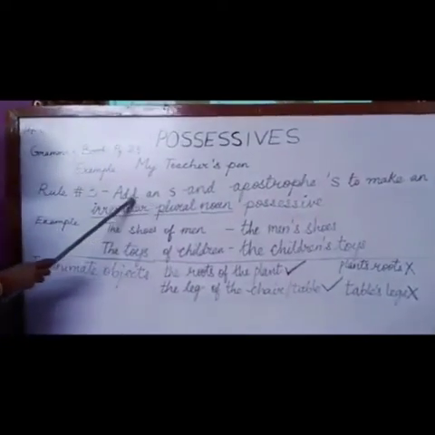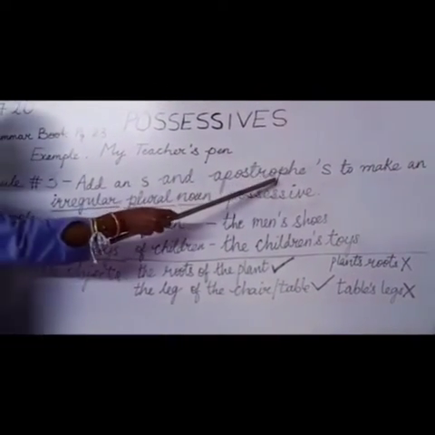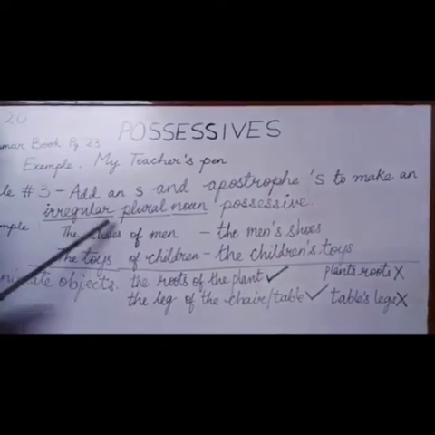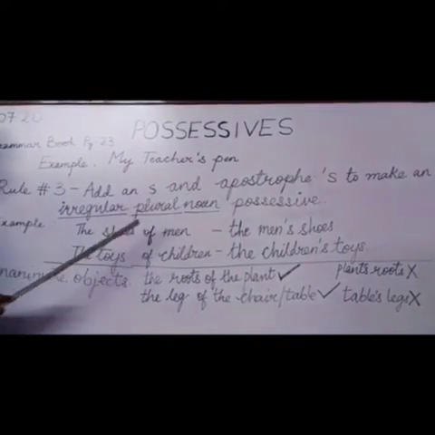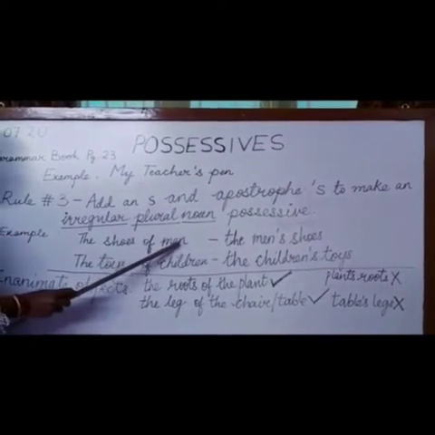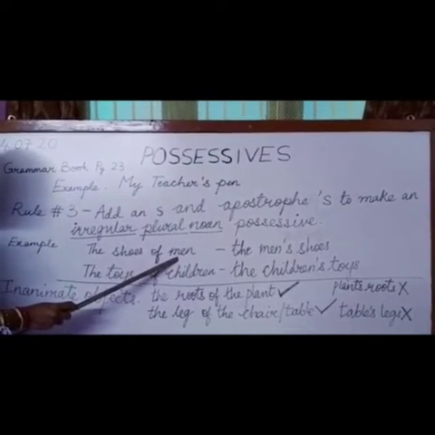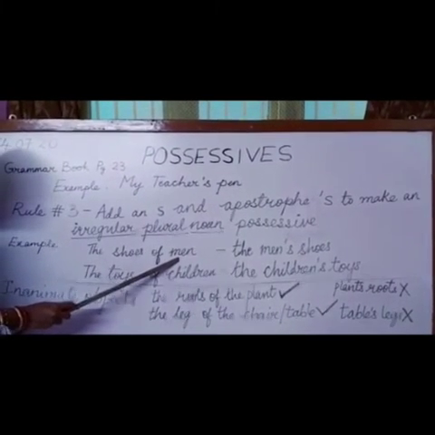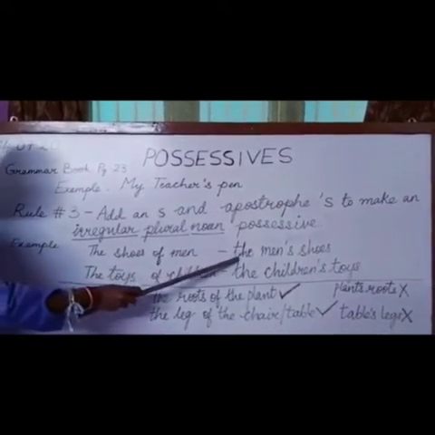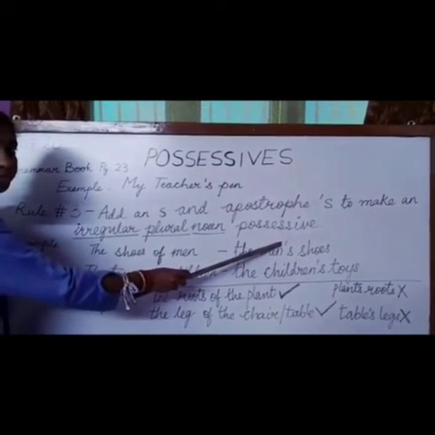We need to add an apostrophe and S to make the irregular plural noun possessive. Let's check an example. The shoes of men. Here men is plural. Yes, it's an irregular plural noun. There is no S. We are going to write the men, and place the apostrophe and S.